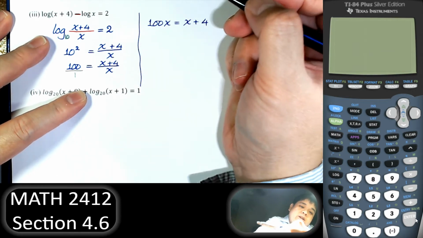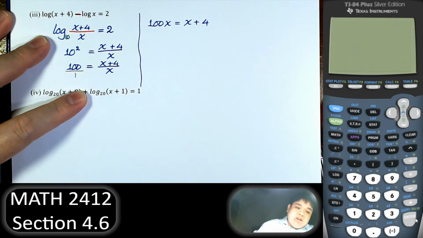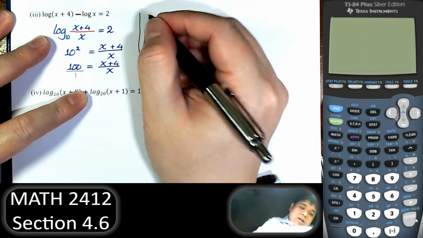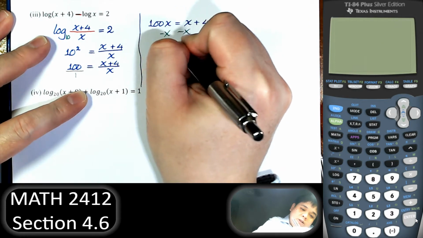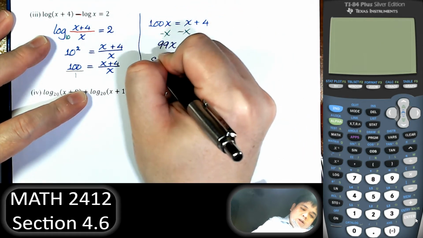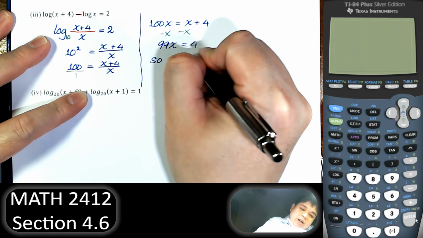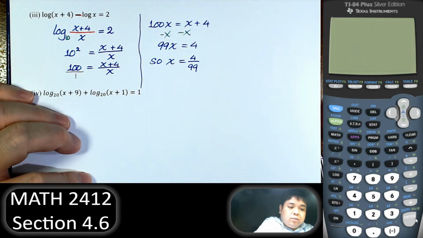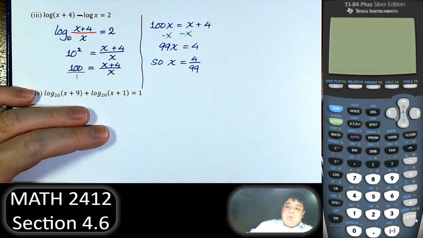Move the x over, subtract the x on the other side. So 99x equal to 4, so x equal to 4 over 99. And now we check the answer.